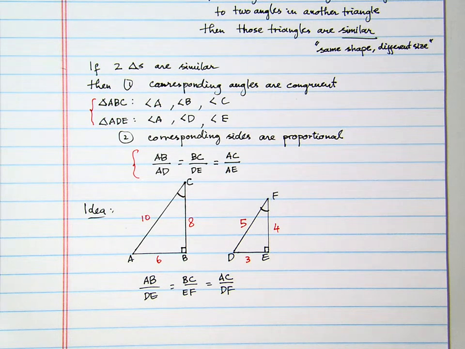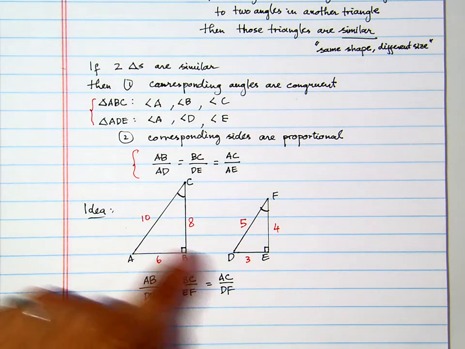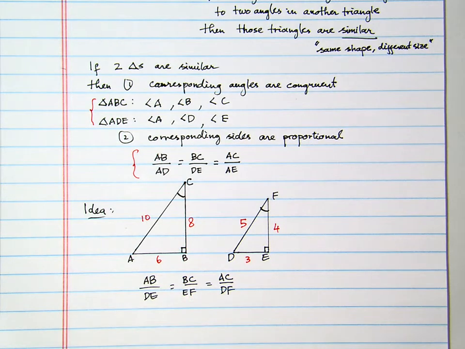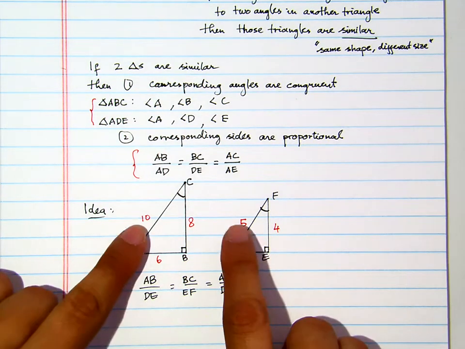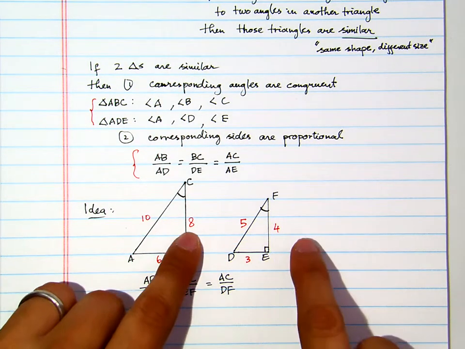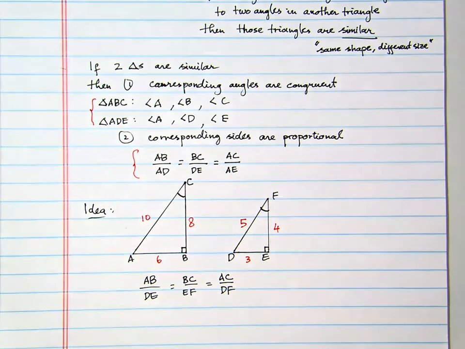Once we have similar triangles, the ratios of the corresponding sides are proportional. If you divide by 2 here, then the corresponding sides here are divided by 2, and this divided by 2 gives you that one.